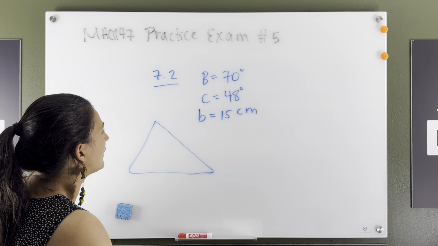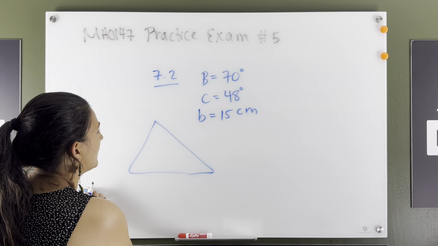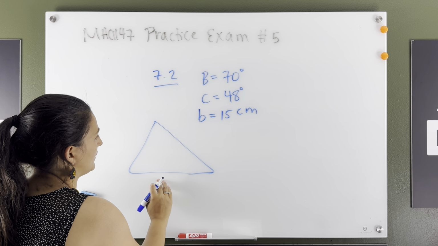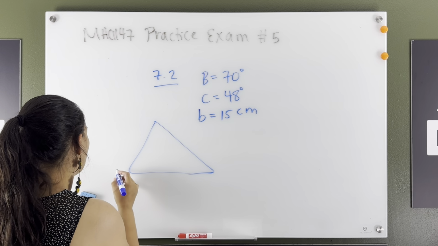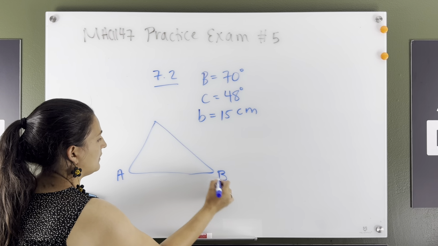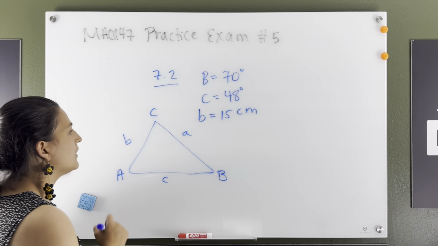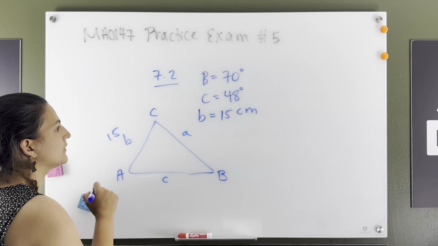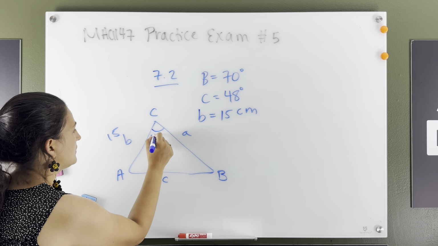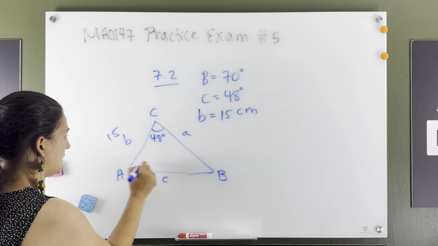So here I'll label the bottom either A or C. So I'm just going to do A, B, C. Okay, so side B is 15 centimeters, angle C is 48 degrees, and angle B is 70.